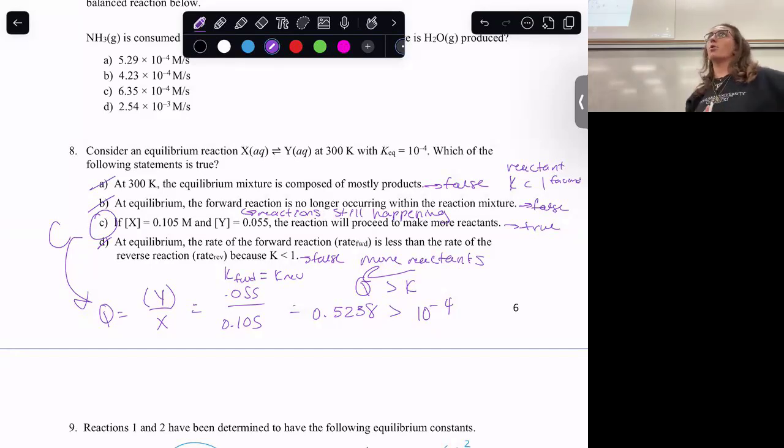If you're asked whether this is product or reactant favored: if it's reactant favored, you'll have a larger denominator, which means that K will be less than 1. If you have a K bigger than 1, that means you have a larger numerator, and so it's product favored.